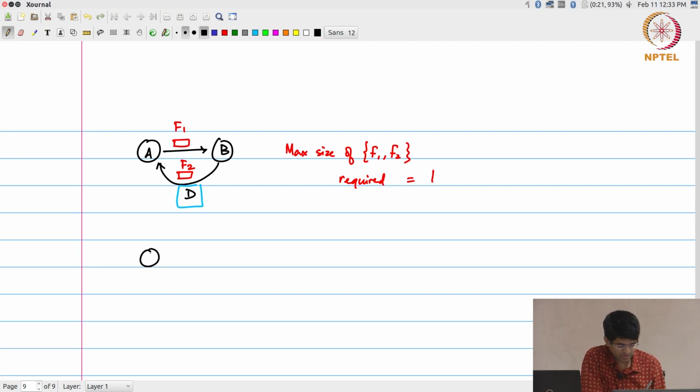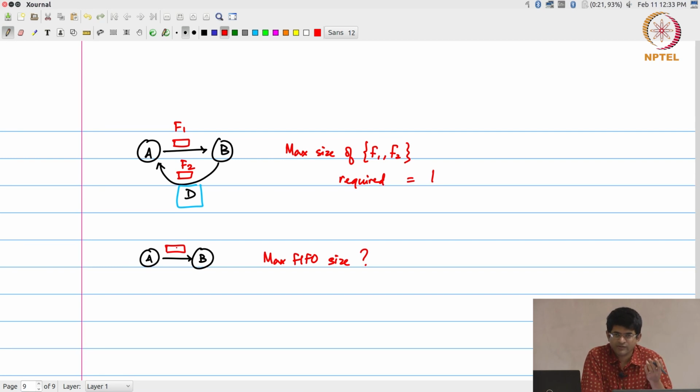But what about this? What should the max FIFO size on this link be? There is no bound. There is no fundamental bound from the theory itself.